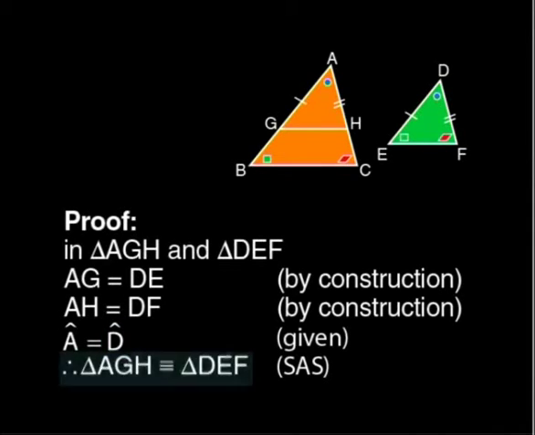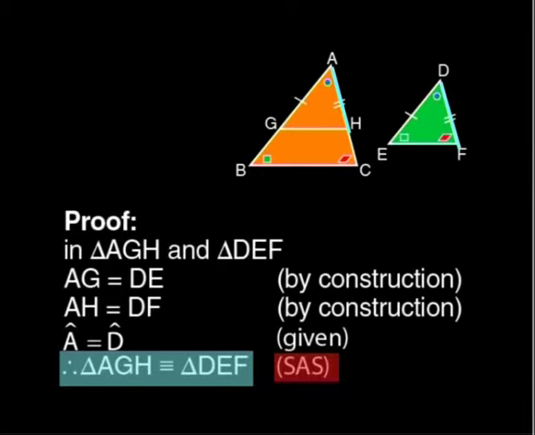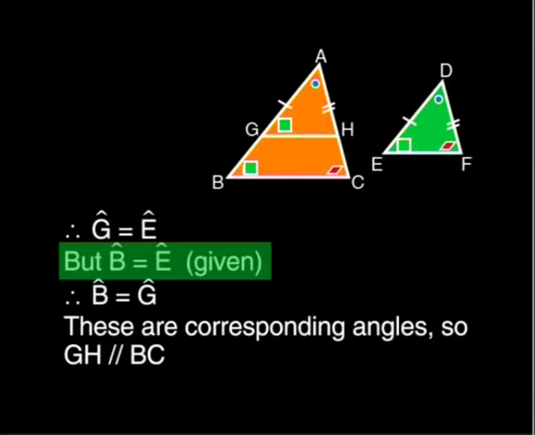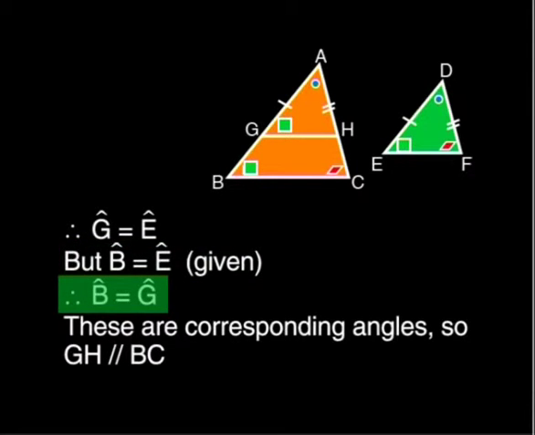Therefore, the two triangles are congruent. The reason, side, angle, side. Therefore, the remaining angles G and E are equal. But B is also equal to E, and so B equals G. These are corresponding angles.